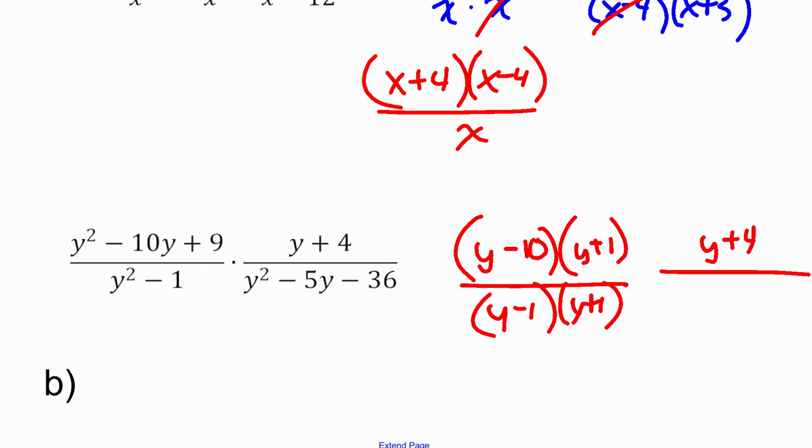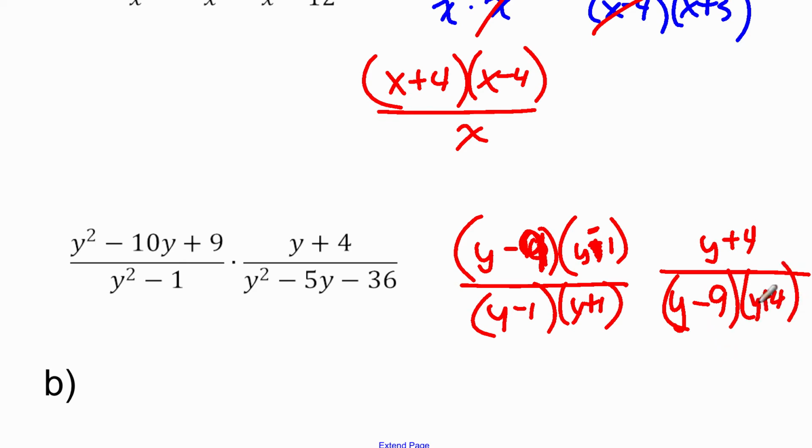This should be a 9. Y squared plus, oh, and this one has to be a minus. Boy. Okay, good. I think I got that right eventually. And then here this will be a y minus 9 and a y plus 4, I think.